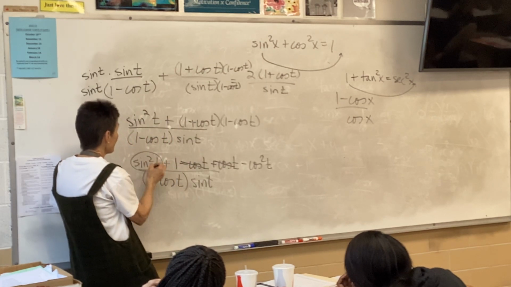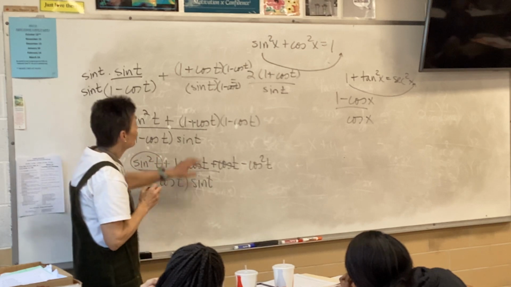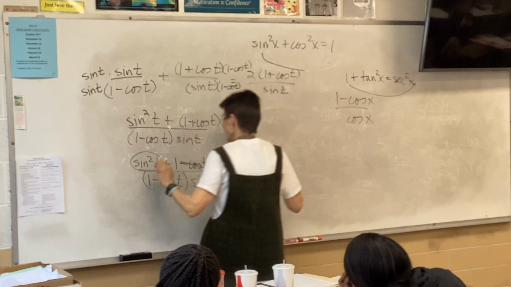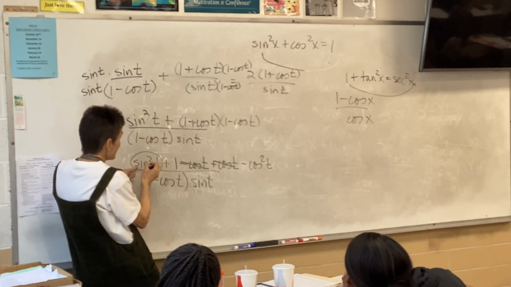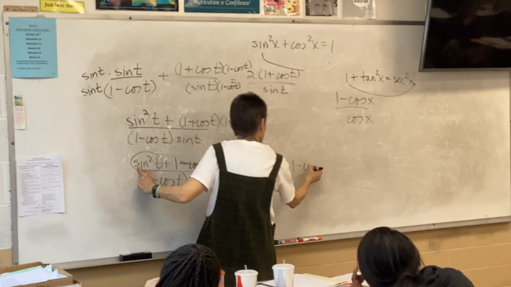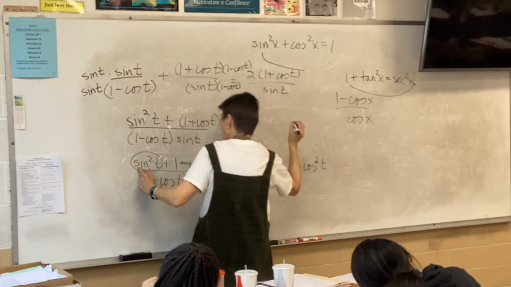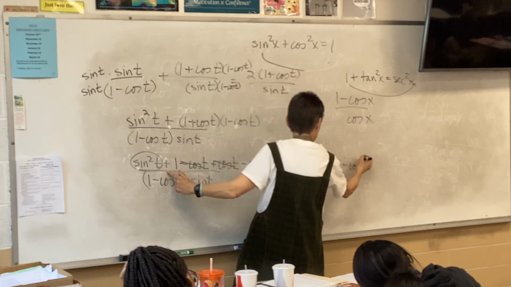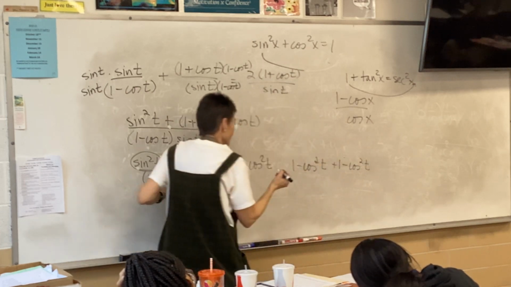How can I rewrite sine squared? What does sine squared equal? 1 minus cosine squared. Okay, what if I changed this right here into 1 minus cosine squared? You're going with me for a second.